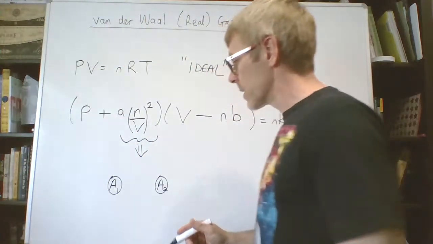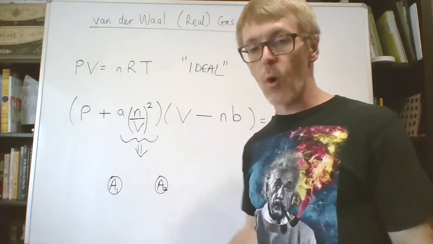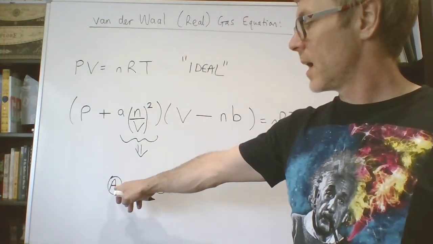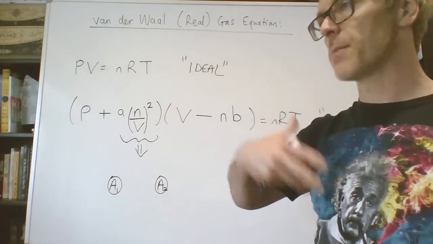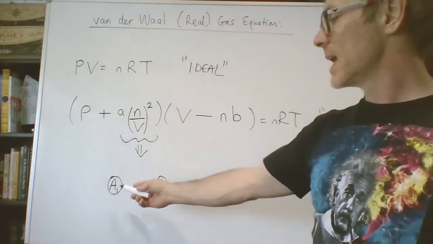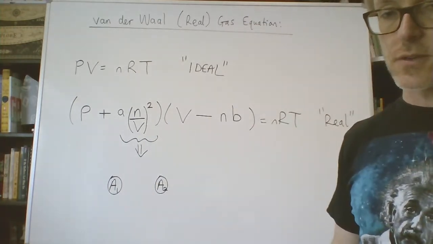Then we can remark that if I'm A1, the pressure that I experience, or the pressure that I'm capable of exerting, is influenced by the concentration of A2.